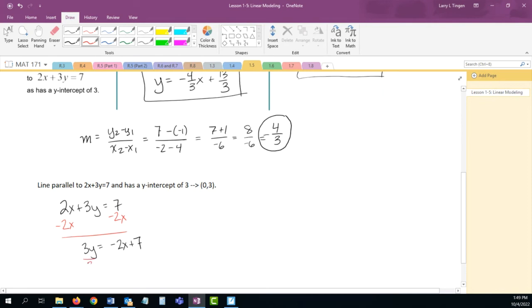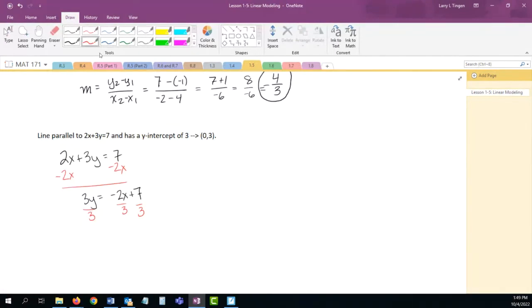I would love for y to be by itself because I'm doing my best to solve for it. Okay, so what does that leave me with? y is equal to negative 2/3 x plus 7/3. Here is that mistake that can happen again.